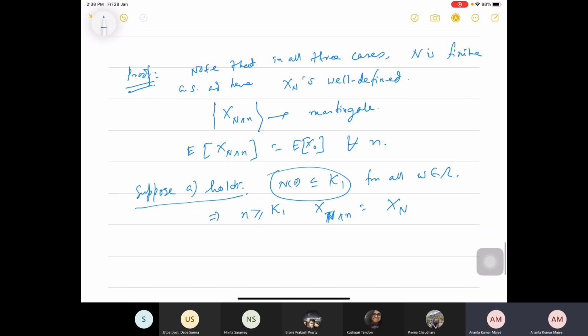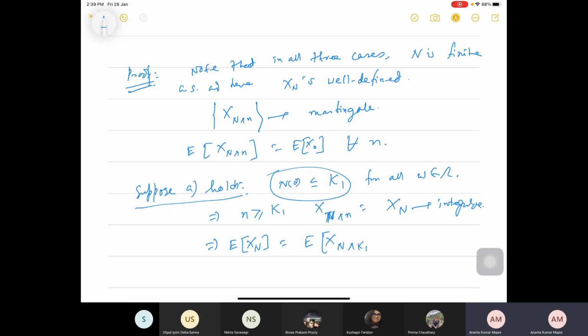And X_n is integrable. So this implies my expectation of X_n is the same as my expectation of X_{n∧N}, in particular for k1.